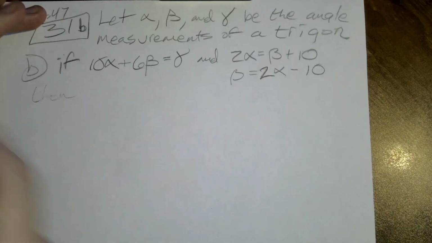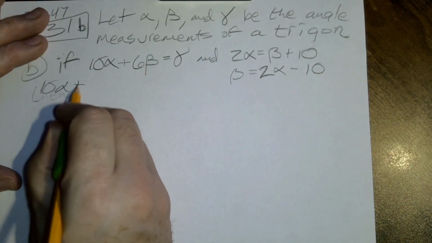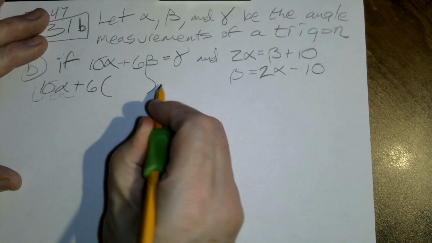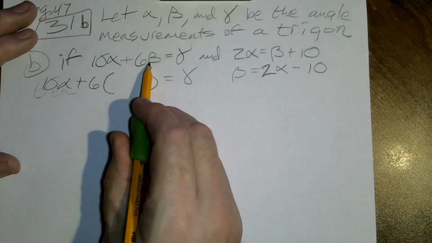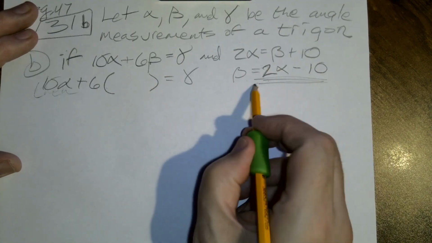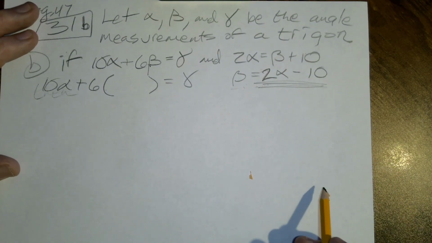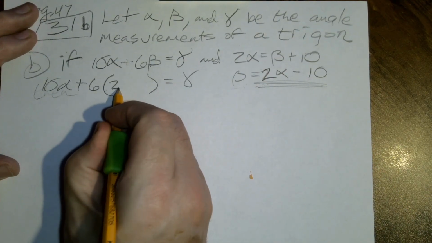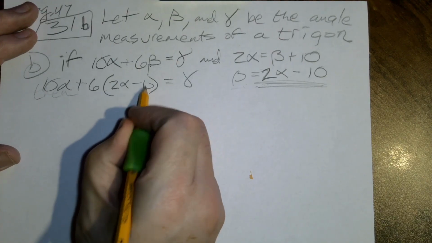I'm going to go down at the bottom. So here we have 10 alpha plus 6 times beta equals gamma. And we know that 6 times beta is 6 times this, because that's beta. So over here we'll put 2 alpha minus 10.